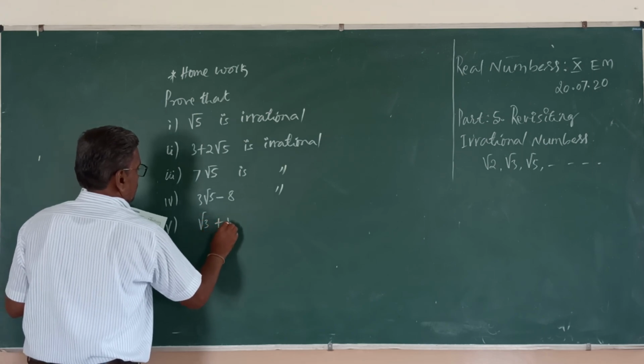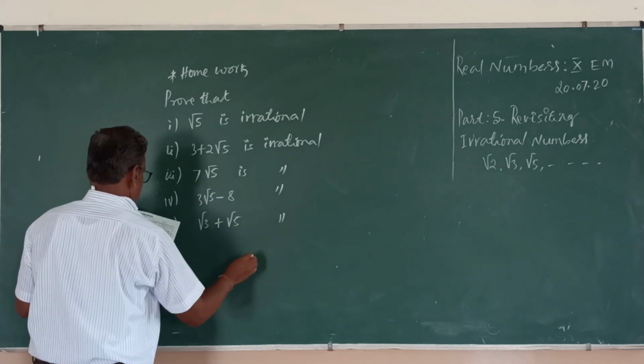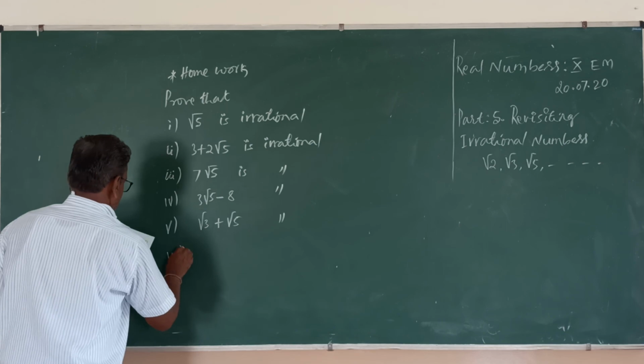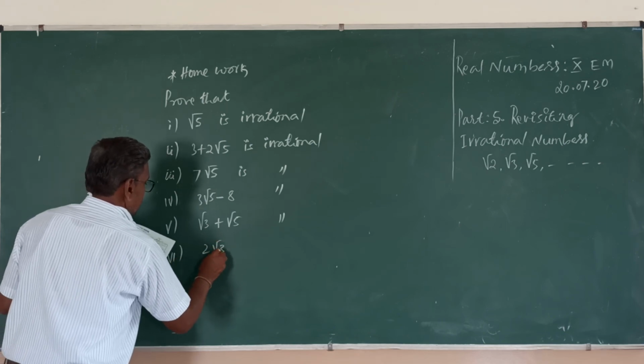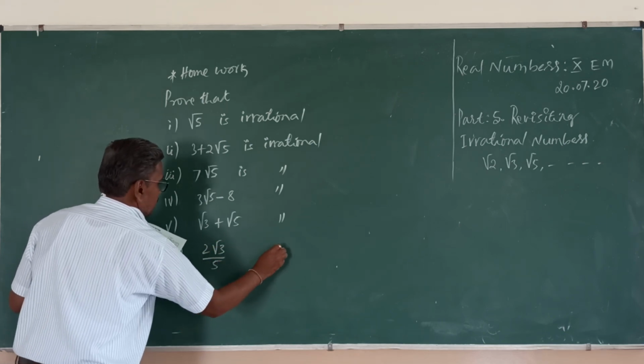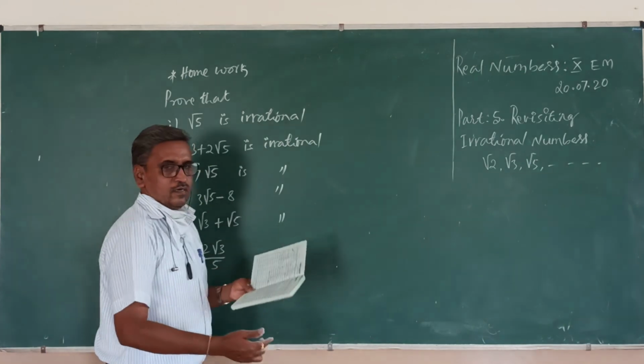Root 3 plus root 5 is irrational. 2 root 3 by 5 is irrational.